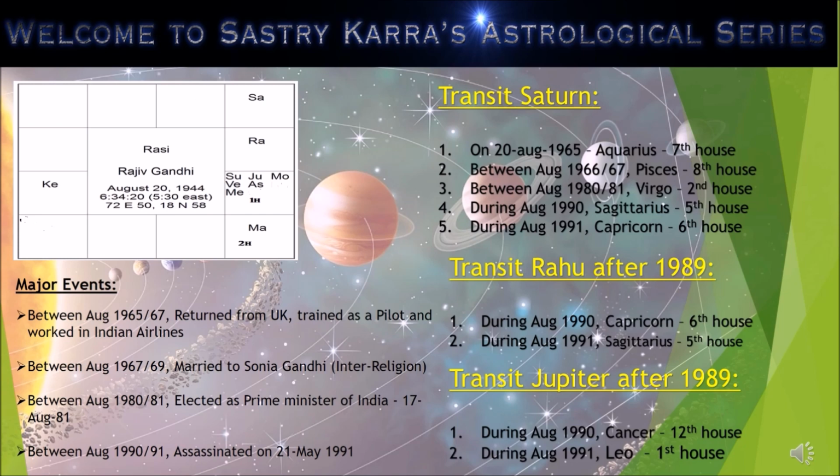When transit Rahu moved from the 6th house to the 5th house, transit Saturn moved from the 5th house to the 6th house. That means during the Rashi Sandhi, if the Rashi Sandhi is for transit Rahu, somehow it is touching transit Saturn. And if the Rashi Sandhi is for transit Saturn, somehow it is touching transit Rahu.